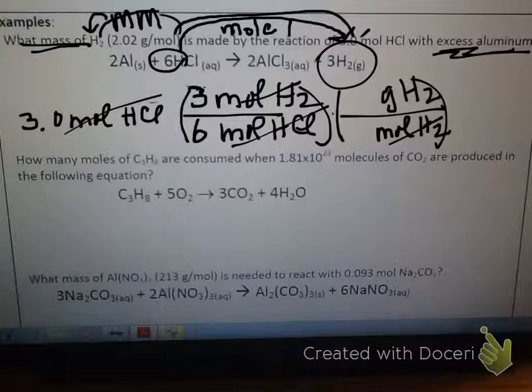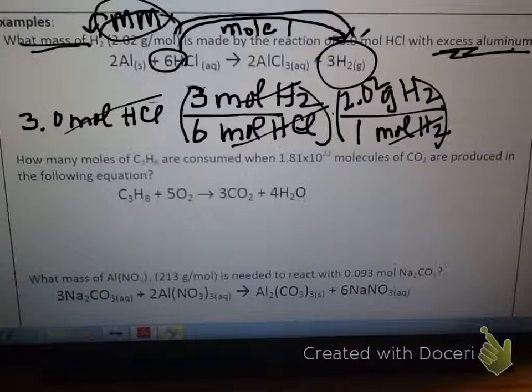And this is a molar mass conversion factor. So I've got mass on top, moles on bottom. This is the molar mass given in the problem. For every 1 mole of hydrogen, there are 2.02 grams of hydrogen. All right, so now we can grab our calculators. I'm going to grab mine right now because I've got to do a calculation here.